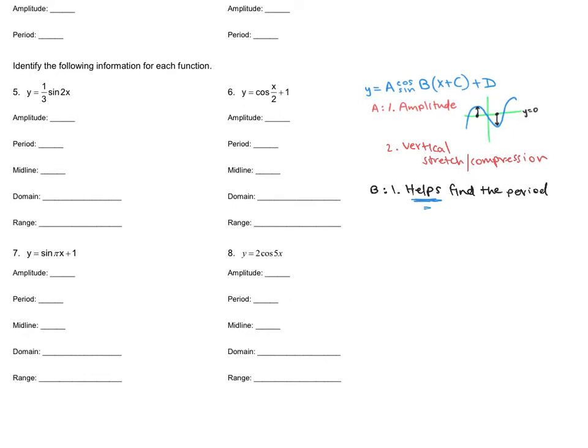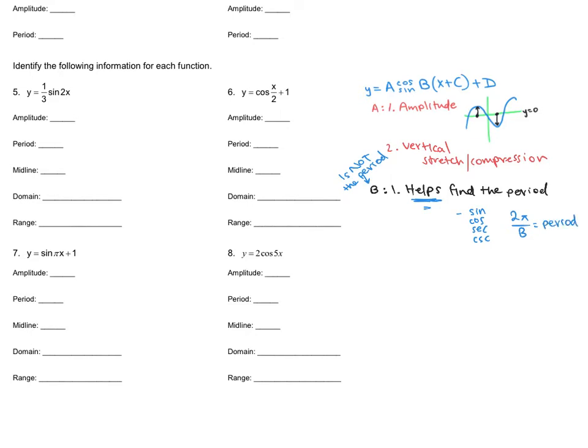Let me make a side note: the B value is not the period. It helps find the period using the equation for sine, cosine, secant, and cosecant graphs, 2 pi over b. When you plug in your b value, that 2 pi over b becomes the period. But that b value directly is not the period.